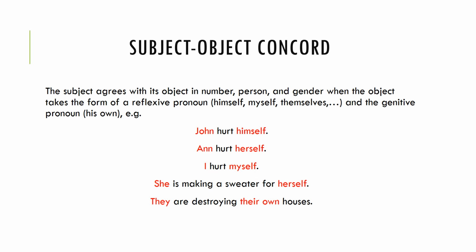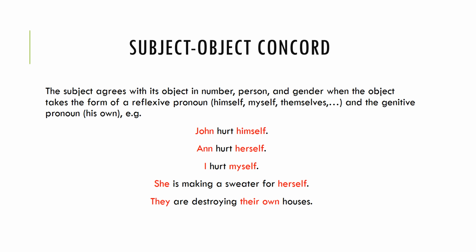But if your subject occurs in the form of a reflexive pronoun or the genitive pronoun his own, here there should be an agreement in number, person, and gender between the subject and the object. For example, we say John hurt himself. Himself here is a reflexive pronoun that takes the position of the object.